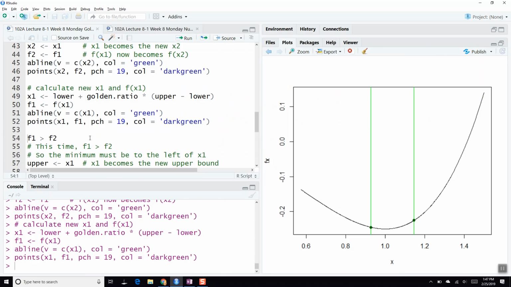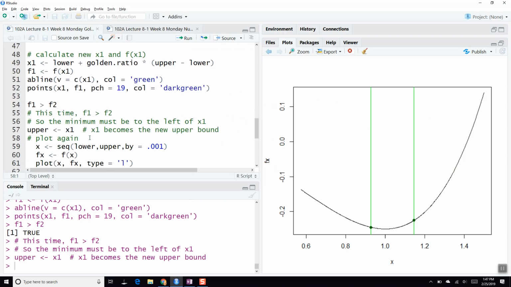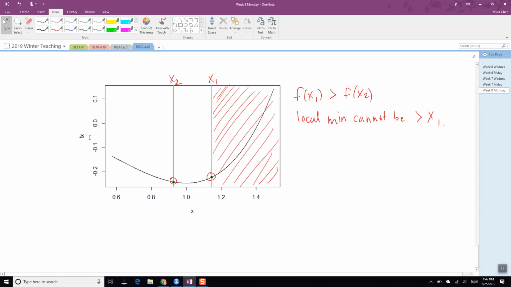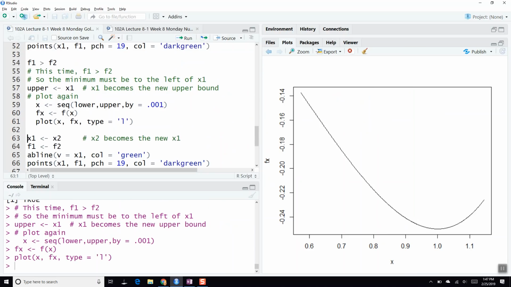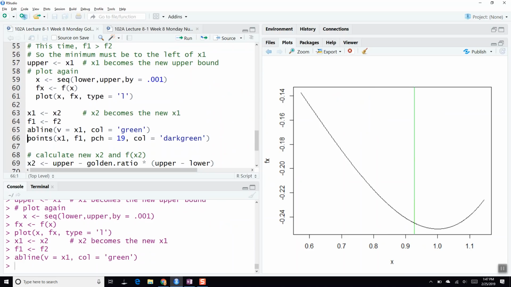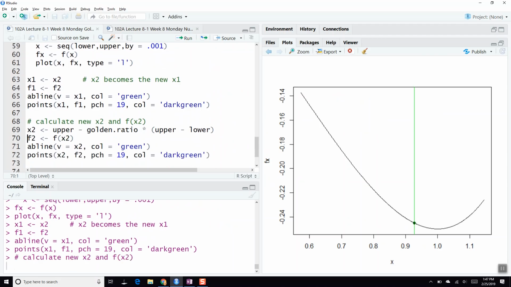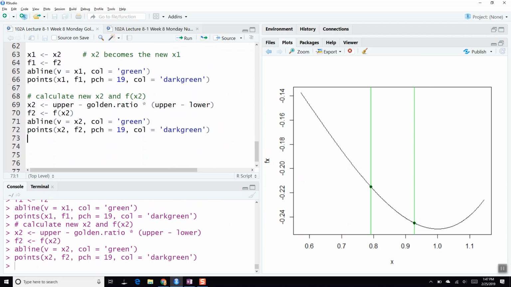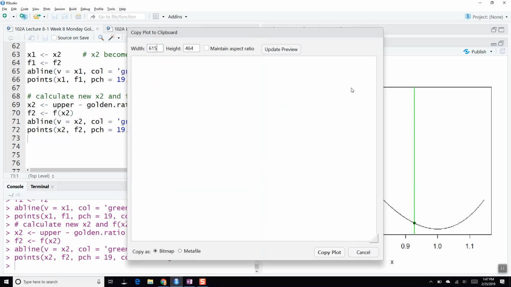This time x1 becomes the new upper bound. This will remain as our lower, and this will become our new x1. So we zoom in over there, draw that, calculate this, and continue the algorithm.